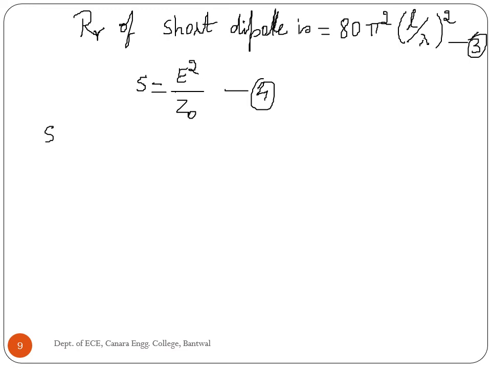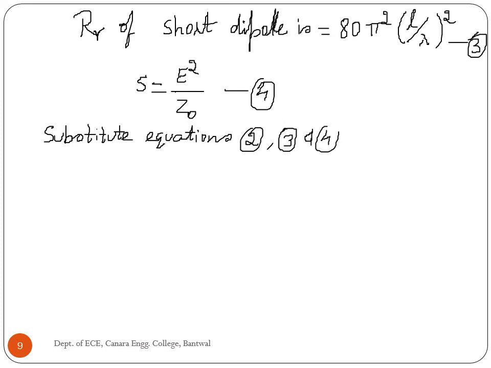Now substitute equations 2, 3 and 4 in equation 1, then we get AE is equal to V square divided by 4SRR.